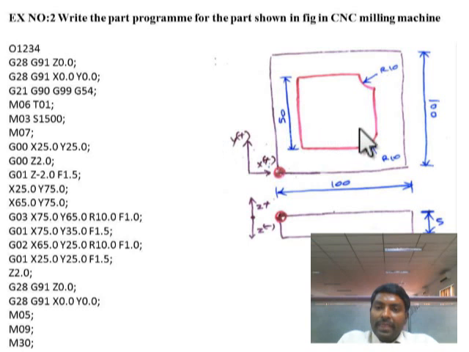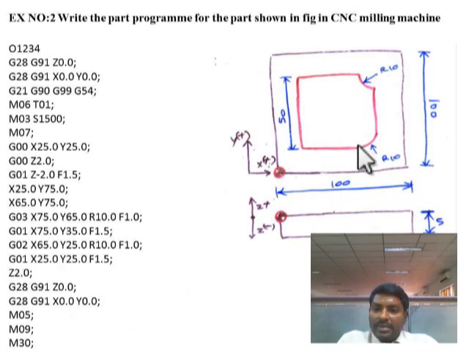Next, the tool should be moved from this point to this point. This point is X75 and Y35, and the feed rate is F1.5. That's why I have used this line. Next, the tool should be moved from this point to this point. Again, this is circular interpolation, but here the tool will move in a clockwise direction, so I have used the G02 code.